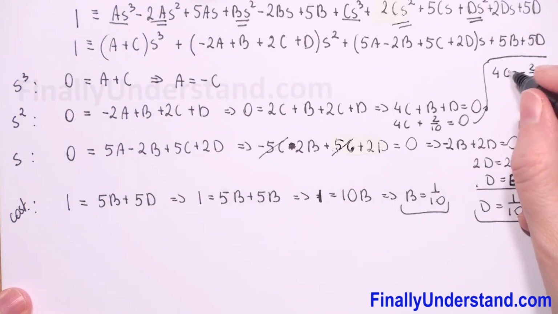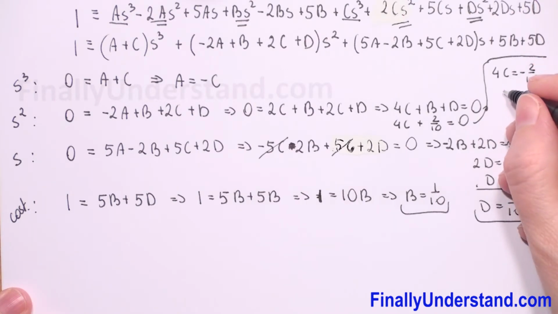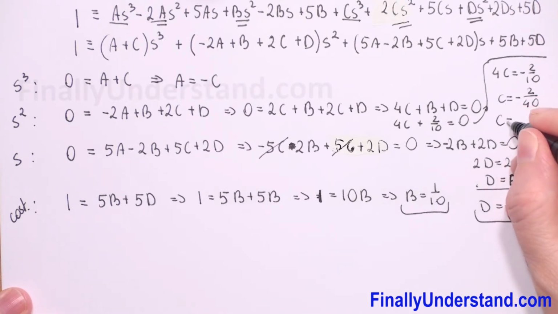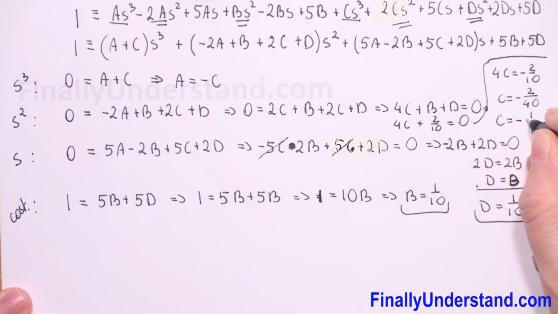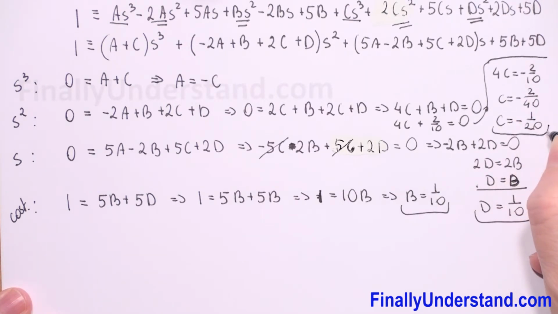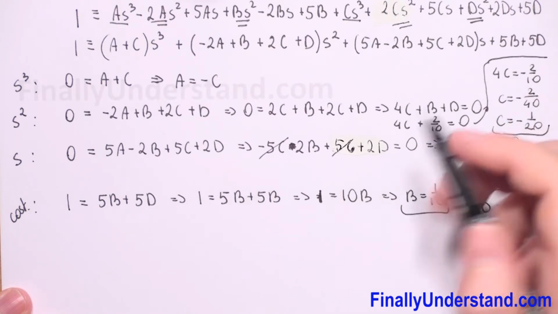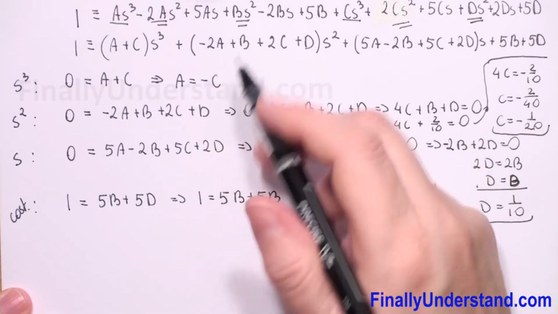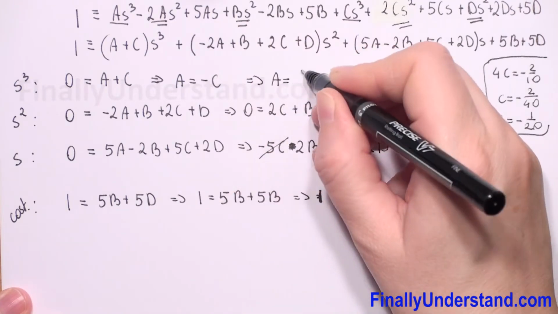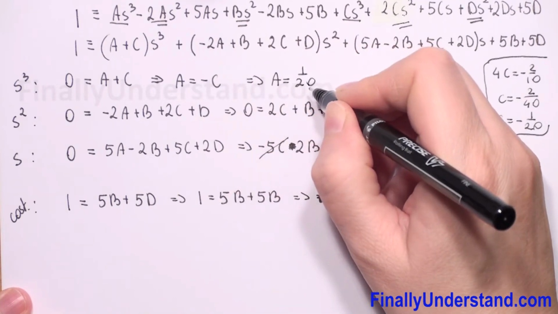Now I will divide by 4 both sides. So we have c is equal negative 2 over 40. So c is equal negative 1 over 20. We have c, so a is equal negative c. So we have that a is equal 1 over 20.